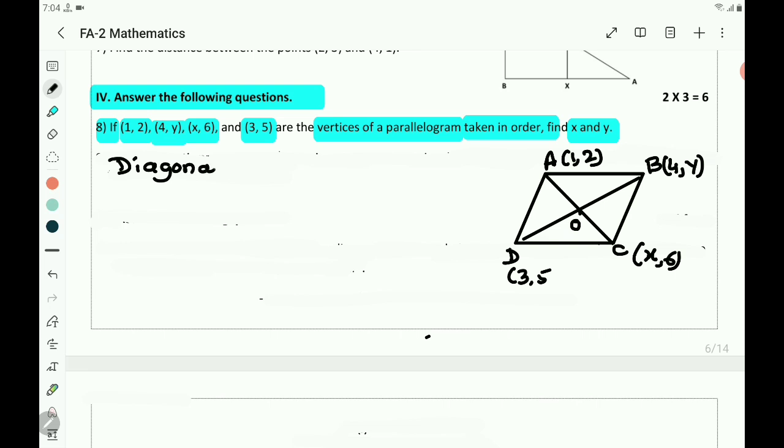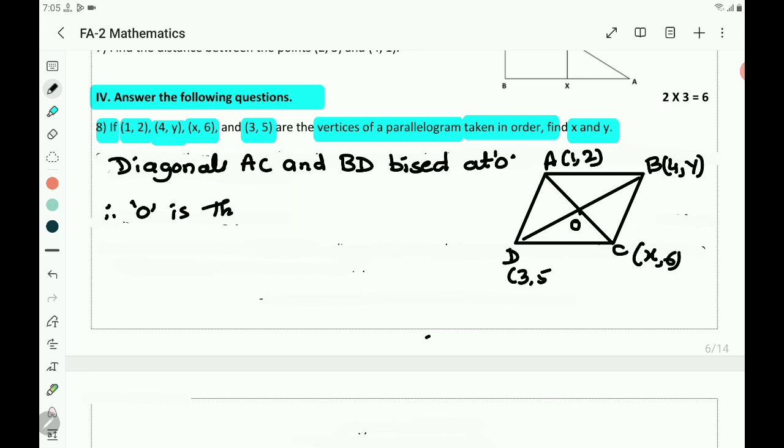So you write: diagonals AC and BD bisect at O. Therefore, O is the midpoint of AC and BD.